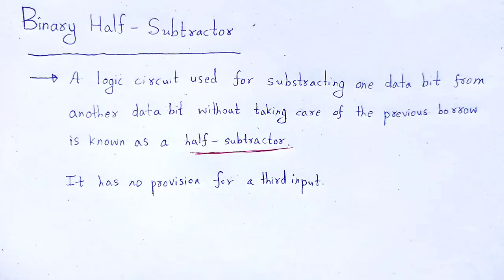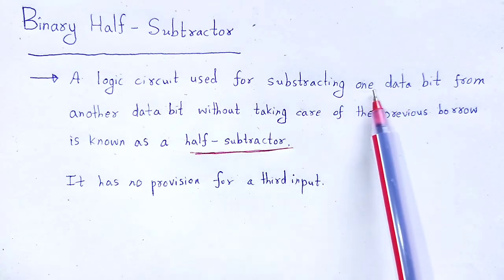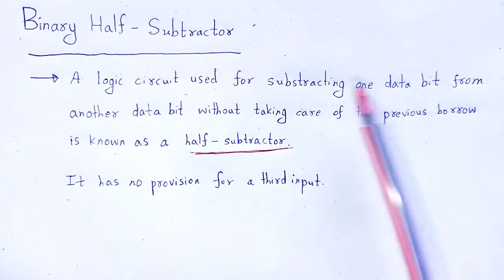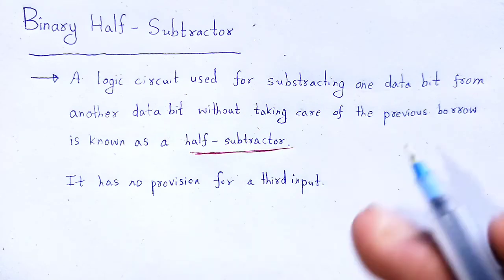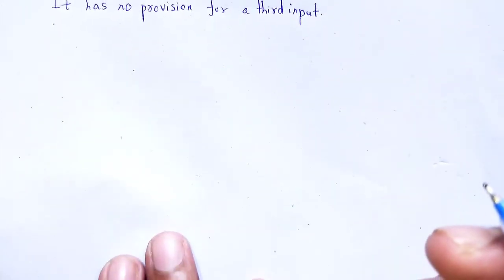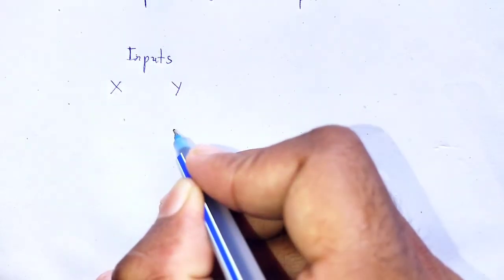So, what method do we have to follow? Subtraction between one data bit and another data bit. In inputs, let x and y be the inputs.